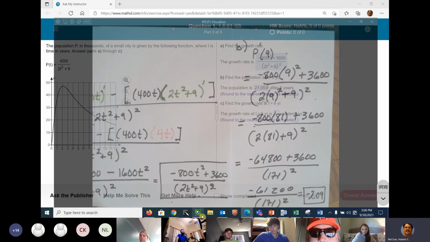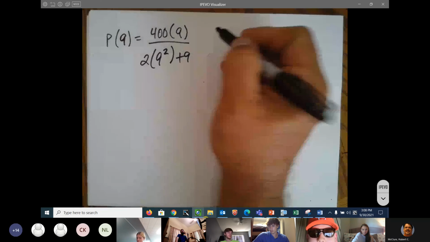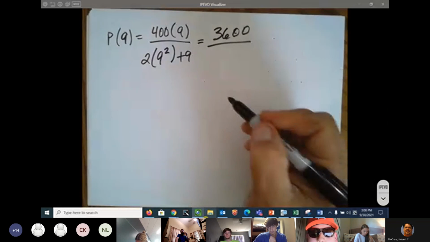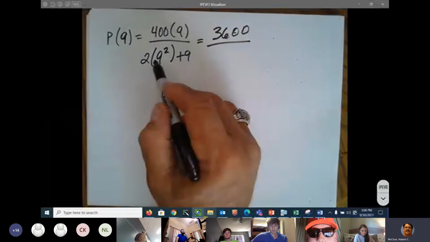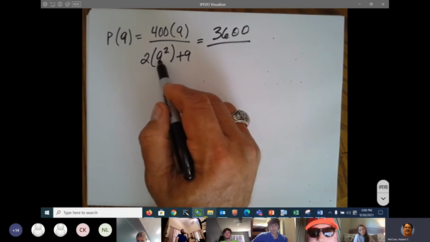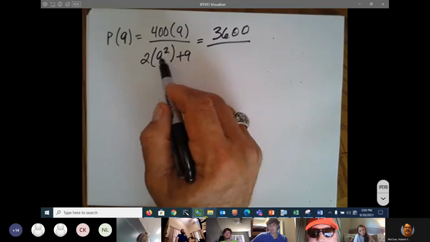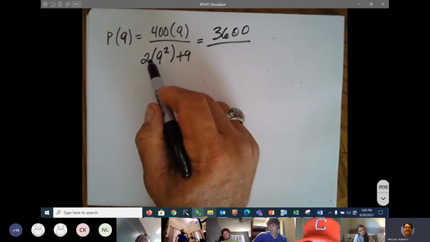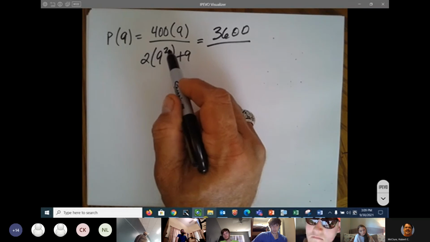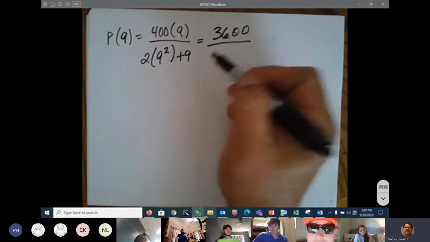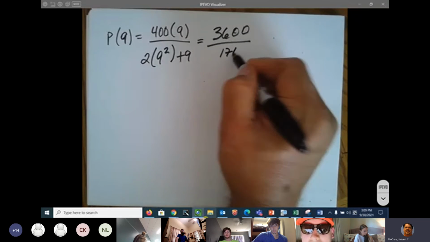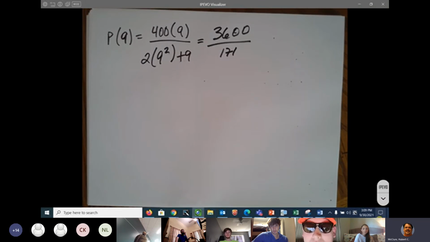So that's going to be 3,600 over 2 times 9 squared, which is 81; 81 times 2 is 162; 162 plus 9 is 171. That still don't look right.